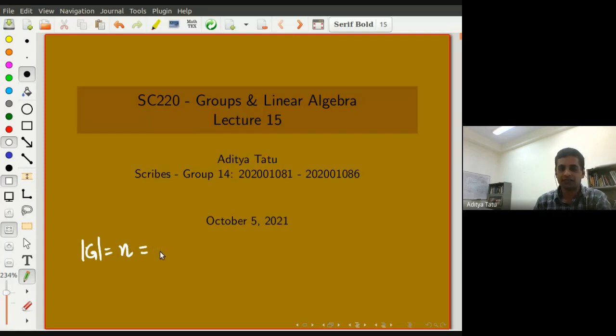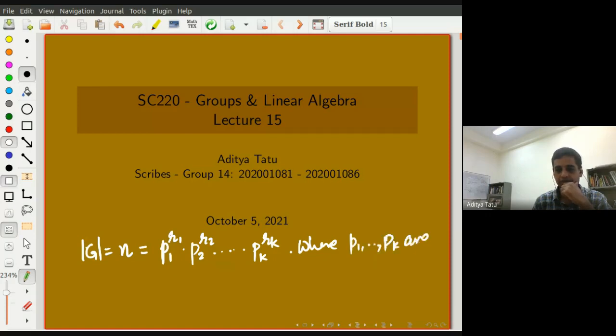Then using the fundamental theorem of arithmetic, I can decompose n into a product of primes, say p1^r1 p2^r2, so on, pk^rk. And what do we know about these primes? That p1 to pk are distinct primes.